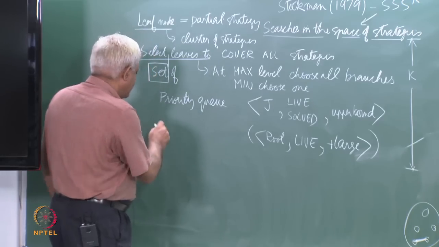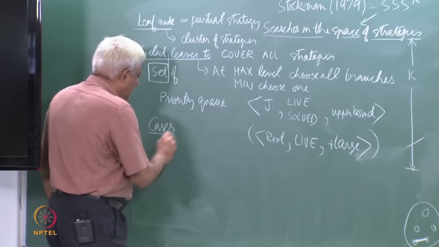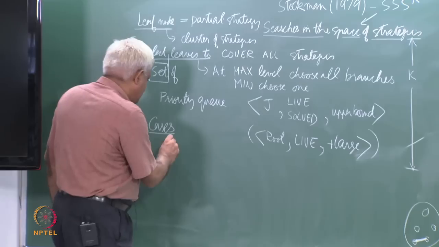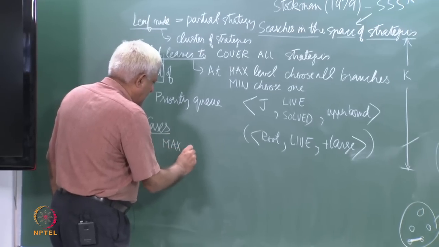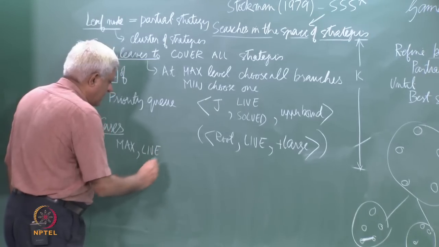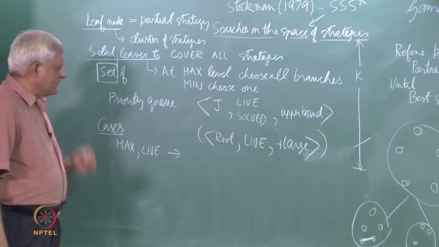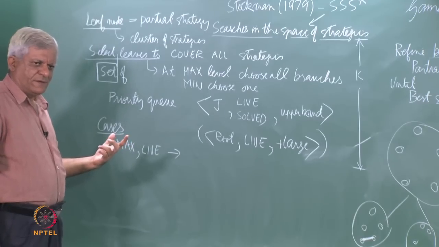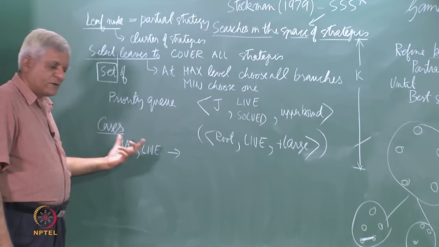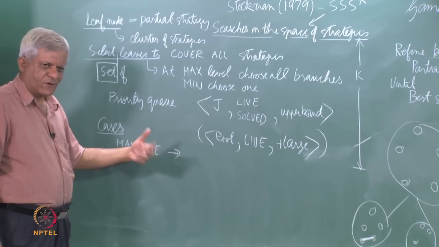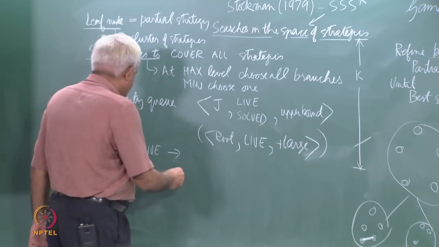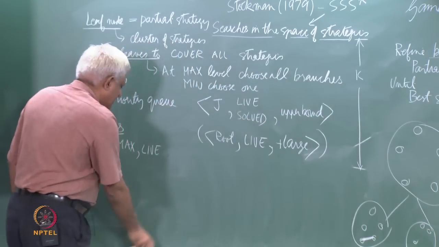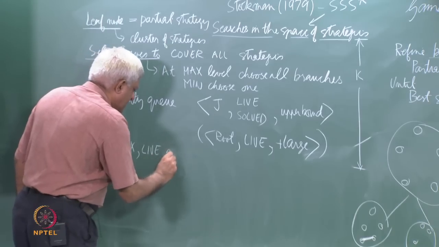So, these are the cases when you pick the head node from the queue, that it is max and it is live. Then you add all the children to the queue with the same bound and call them live essentially. I should in fact say non-terminal.